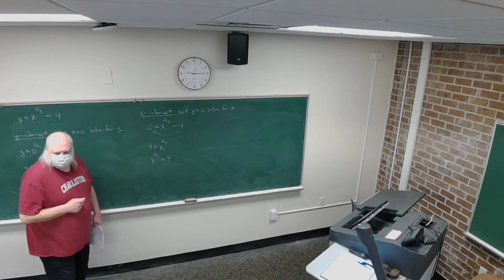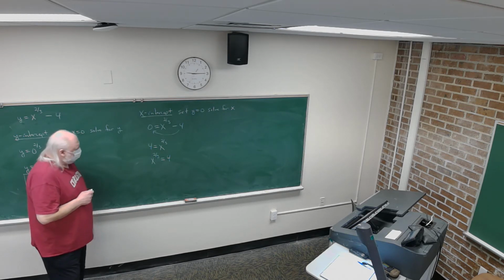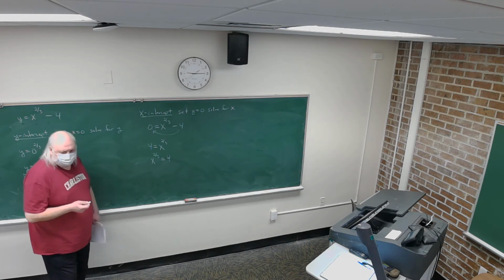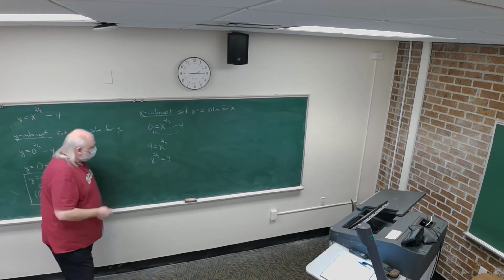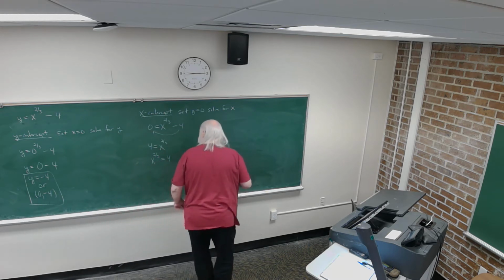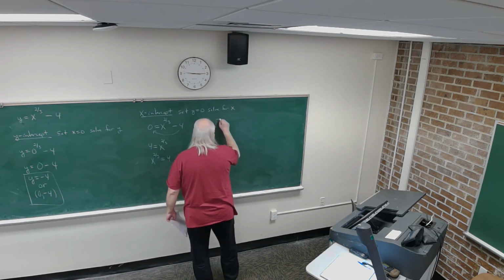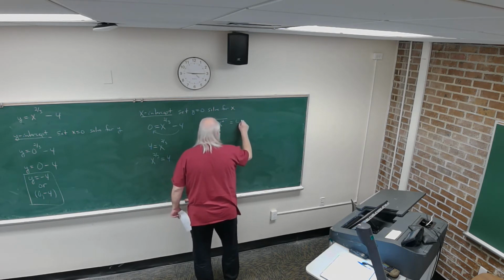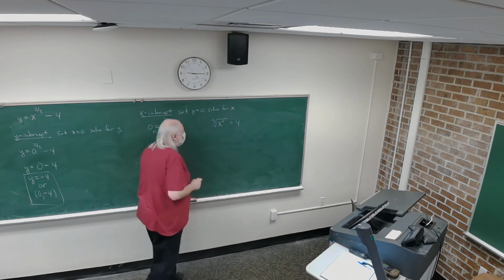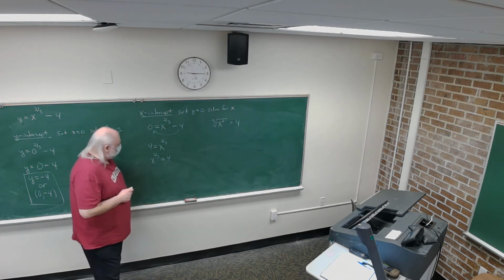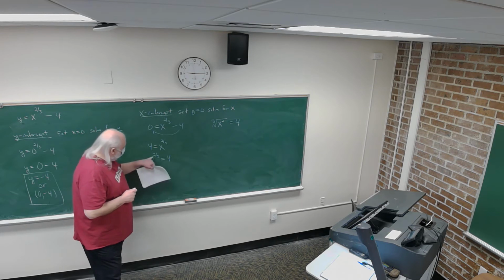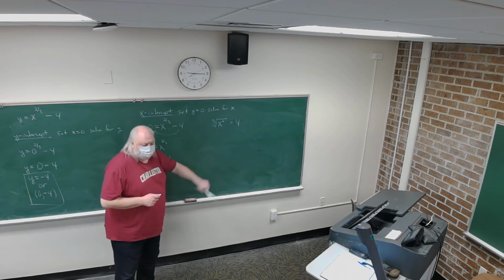We haven't discussed much the rules of exponents yet this semester, but I'm sure you're familiar with them. But let's remember that x to the 2/3 is equivalent to the cube root of x squared. 3 is the root, 2 is the power, the exponent on variable x under the cube root.